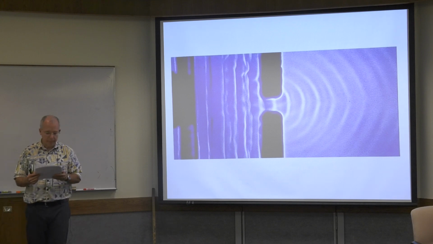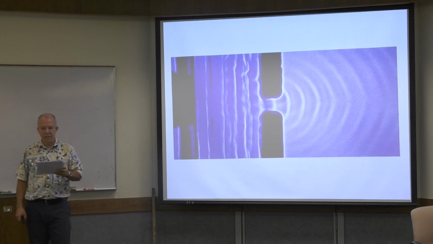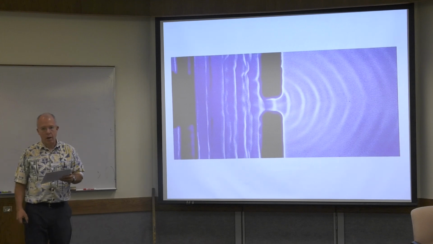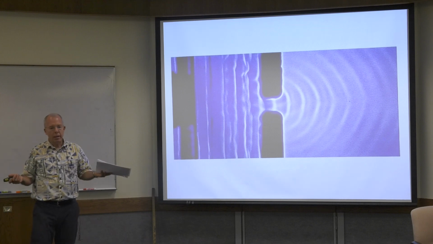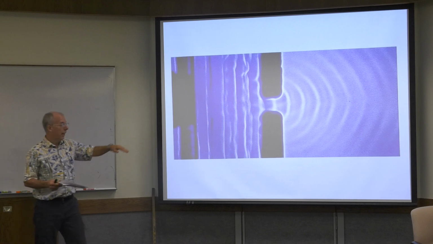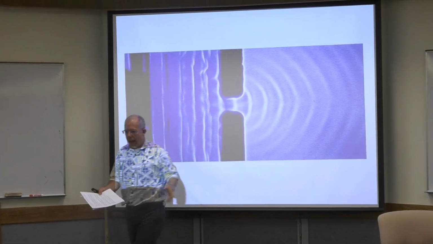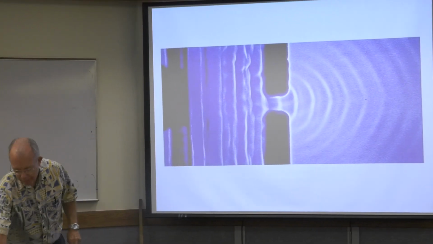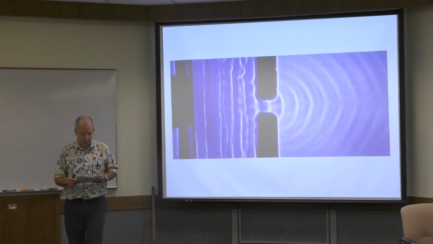Now, a little history. Isaac Newton, who lived in the late 1600s, early 1700s, thought that light was made up of particles. Why? Well, because they didn't have the equipment to ever notice that when you pass light through a slit, it spreads out. They didn't have laser pointers, so they were never able to see any kind of diffraction.